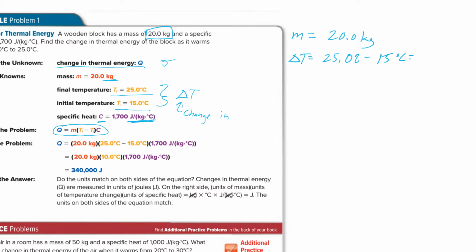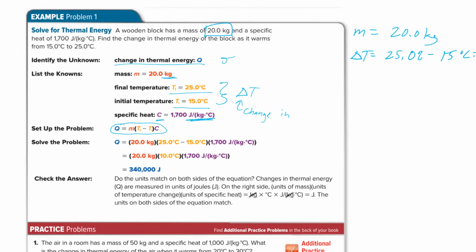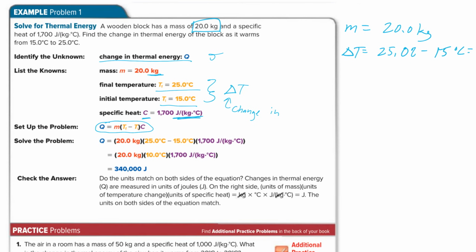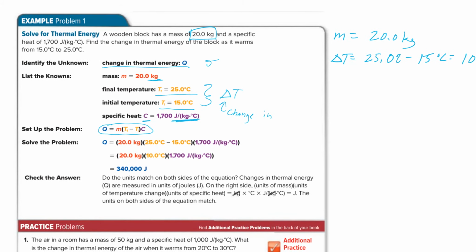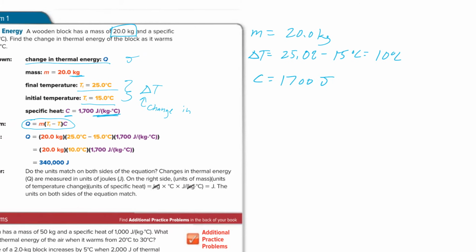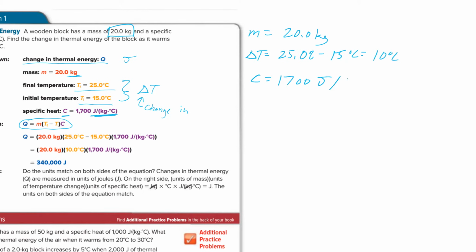So our change in temperature is actually 10 degrees Celsius. Okay. And then we're given C as 1700 joules per kilogram degrees Celsius.